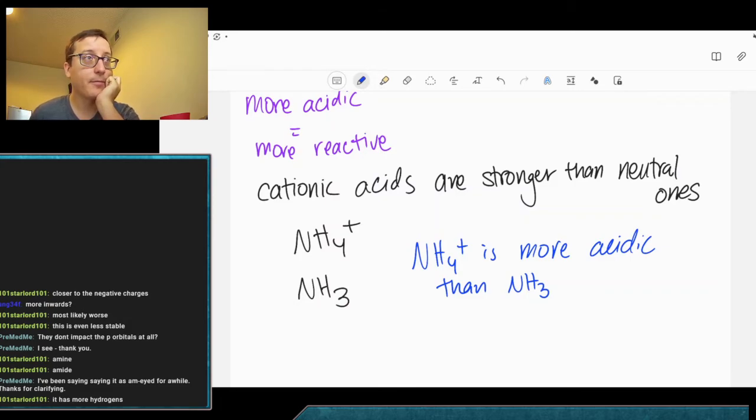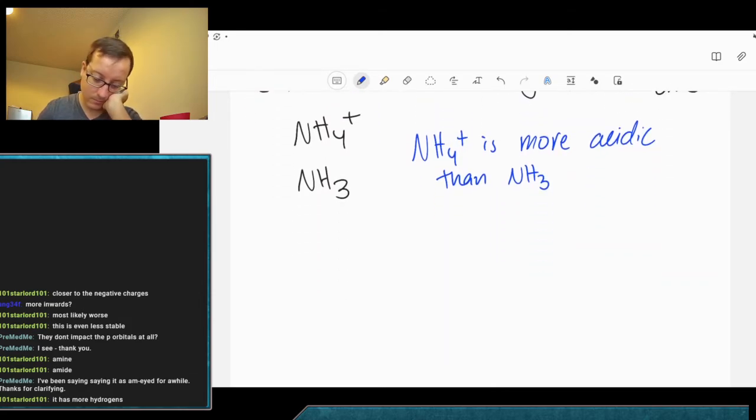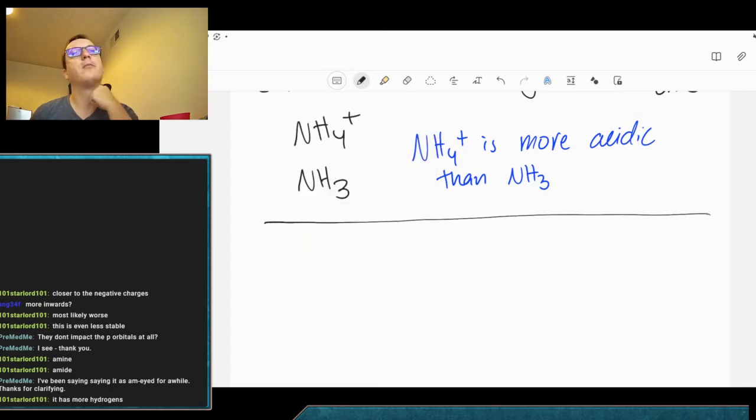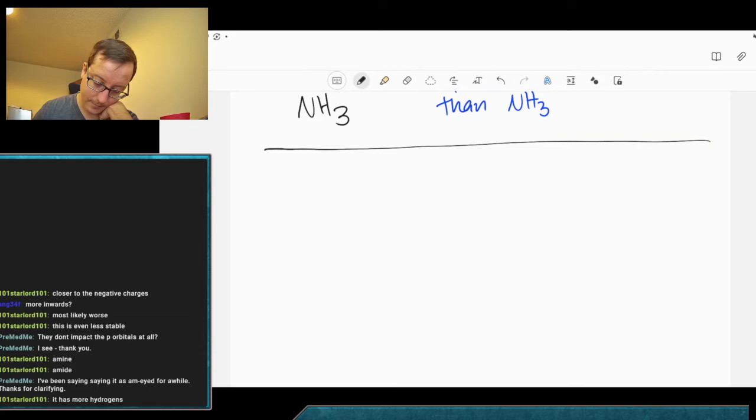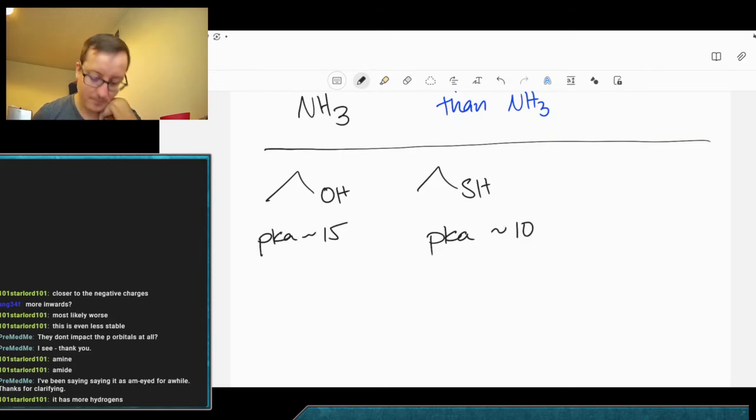All right. We probably have time for one more. Let's take a look at something like this. If I were to tell you the pKa, if this is about 10, pKa is about 15, what's the only difference between these molecules?